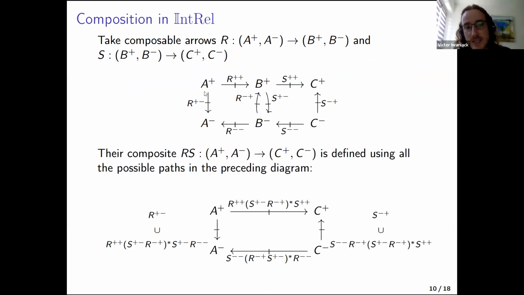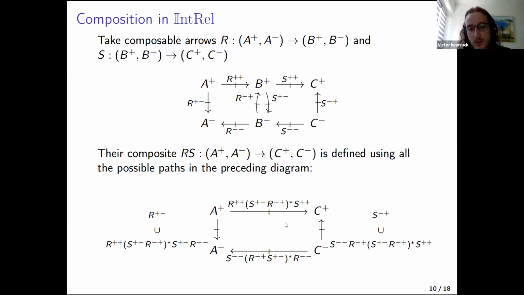How do you obtain the relations? Well, you take this graph and you take all the possible paths from a corner to another. So for example, if you want to go from A plus to C plus, you go from A plus to B plus with R plus plus. So you end up here. And now you can loop as many times as you want here. And then you have to go through S plus plus to reach C plus, okay?